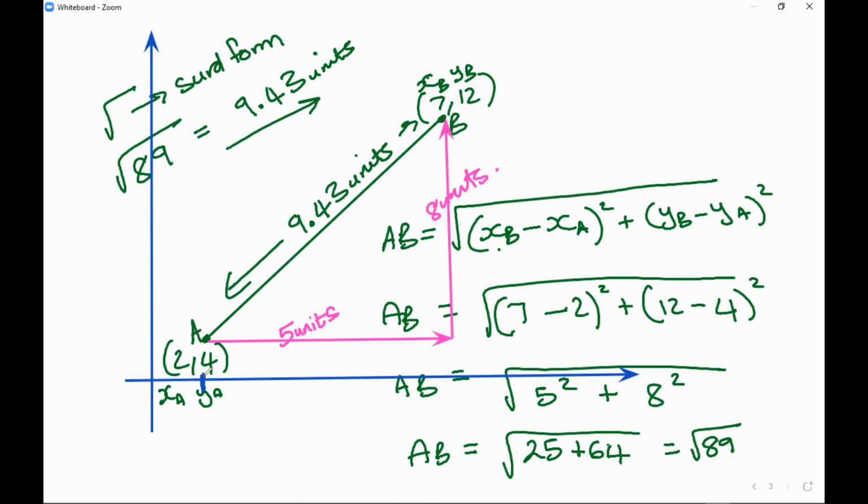So this x value over here is 2, and this x value over here is 7. You can see the distance between 2 and 7 is 5. This y value here is 4, and this y value at the top is 12, and the distance between the two is 8.